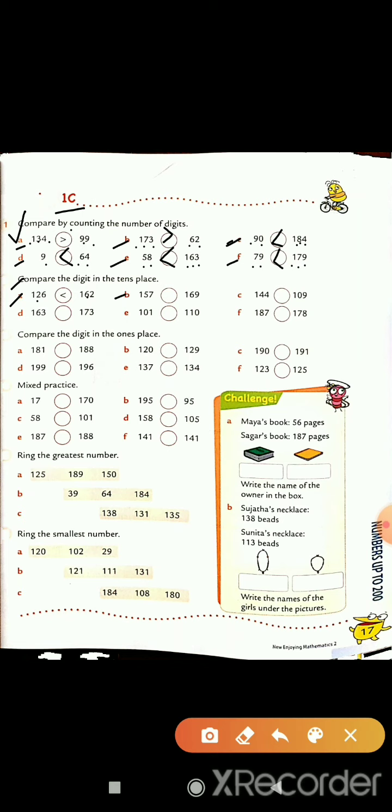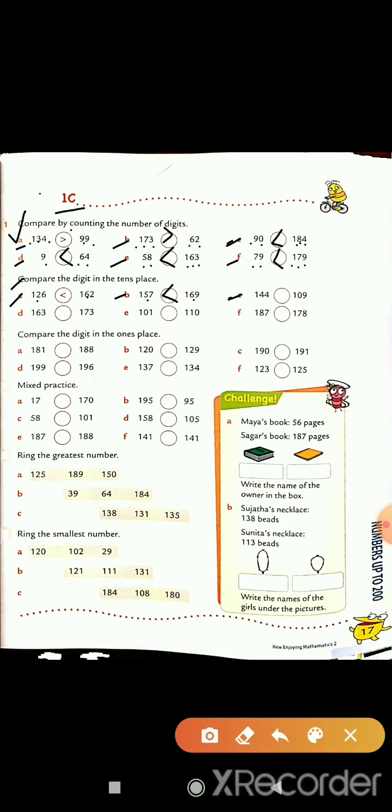B1, 157 and 169. What is there in the tens place in 157? 5 is there, and in 169 6 is there. So 6 is greater than 5 or 6 tens, that is 60, is greater than 5 tens, that is 50. So 169 will be greater than 157.